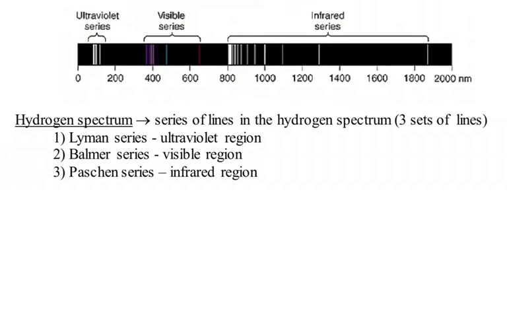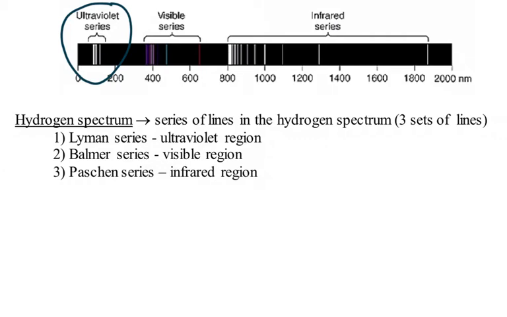This is the line spectrum of hydrogen. Notice the hydrogen spectrum has a series of lines divided into 3 sets. There is a set of lines in the UV region, which the human eye cannot see, and that set is known as the Lyman series.